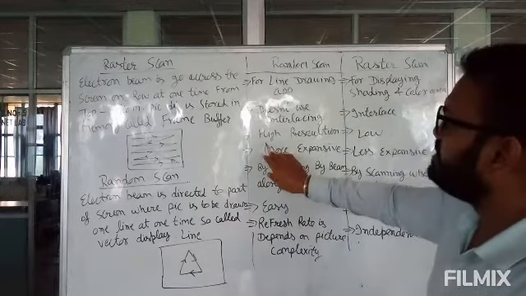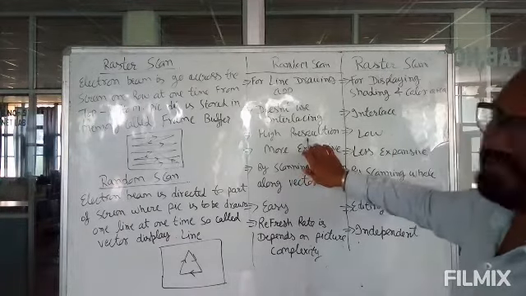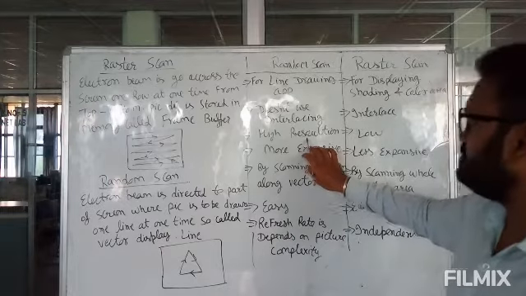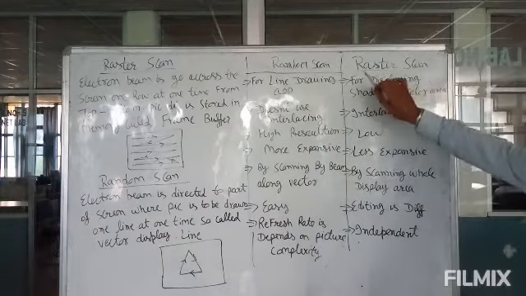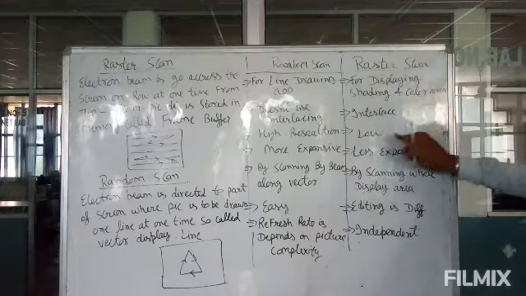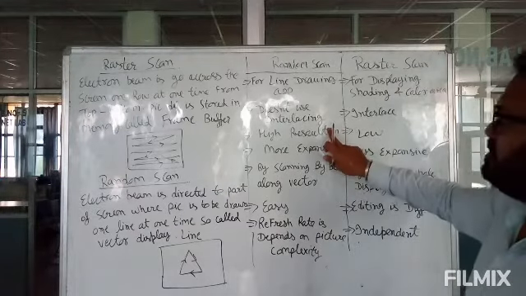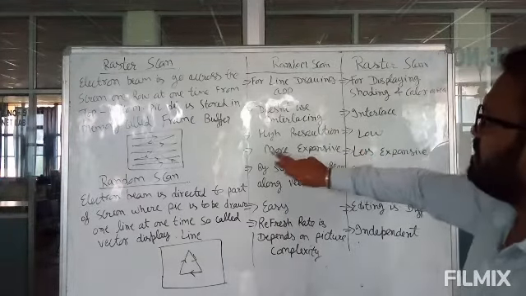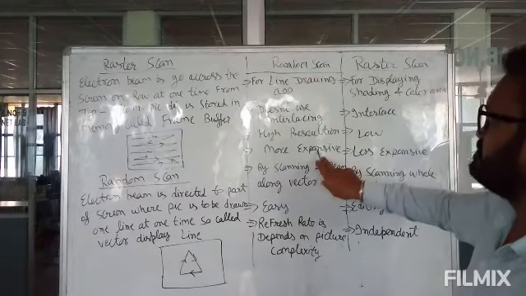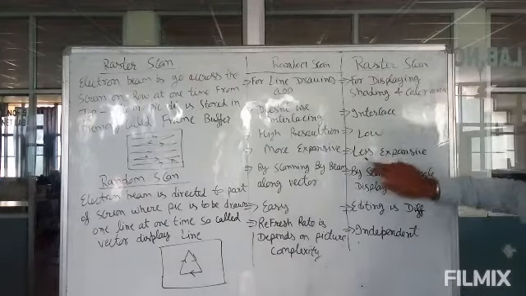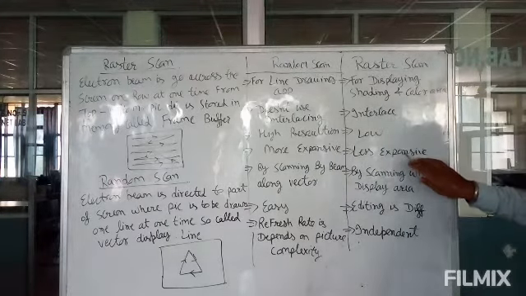Third point is resolution. Random scan uses high resolution, whereas raster scan uses low resolution. Number 4 is random scan is more expensive, raster scan is less expensive.